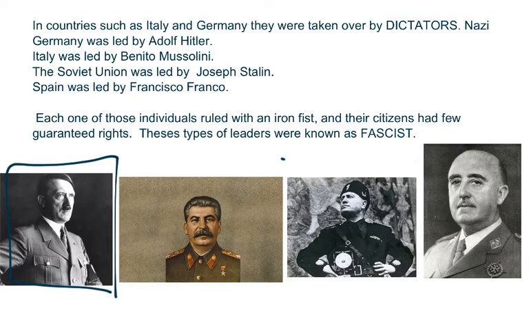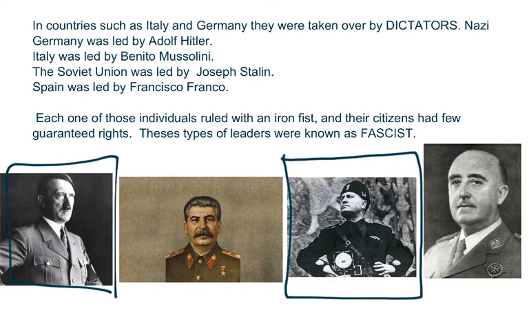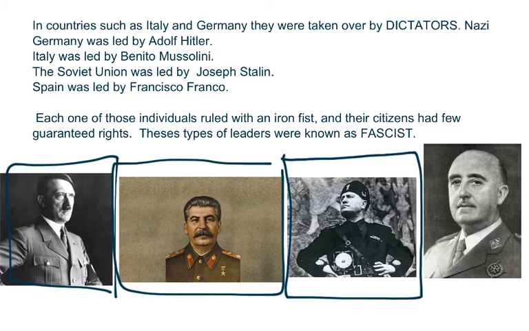Italy was led by Benito Mussolini, this individual here in the third picture. The Soviet Union, aka Russia, was controlled by Joseph Stalin, this individual right here. And one that you don't hear so much about, but still considered a dictator, was in Spain during this time, Francisco Franco.